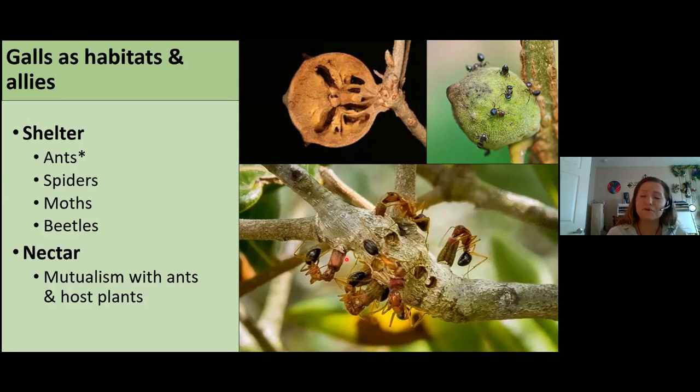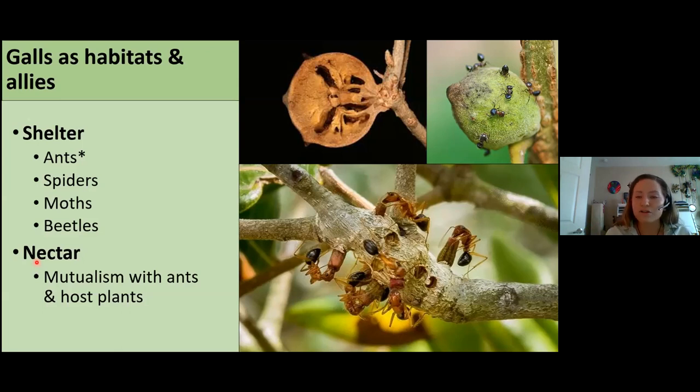Even further, with this nectar that galls can provide to ants and other insects, studies have shown that the increased number of ants in the oak tree benefit the gall.